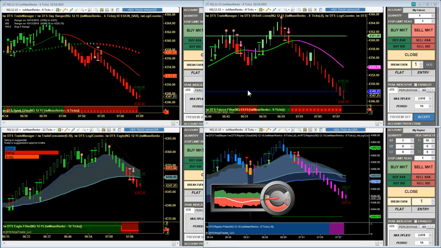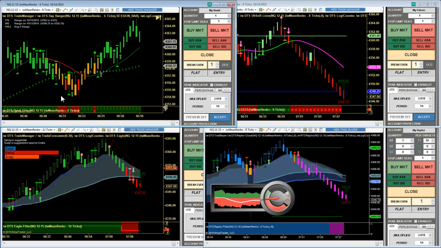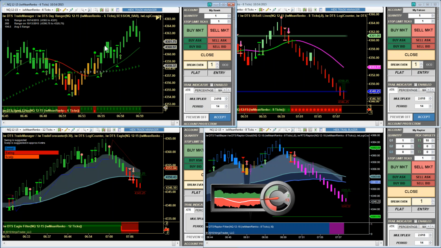So wider bars mean more volume, narrow bars mean less volume. Typically, you tend to see wider bars produced at turning points. So when the bars start to get a little bit wide like that, that's showing us that there's a whole lot of buying and selling going on in that particular bar.